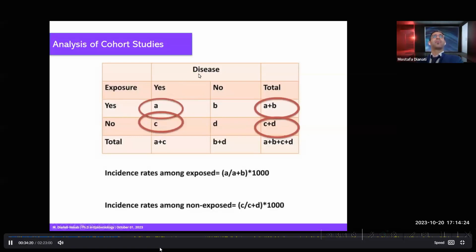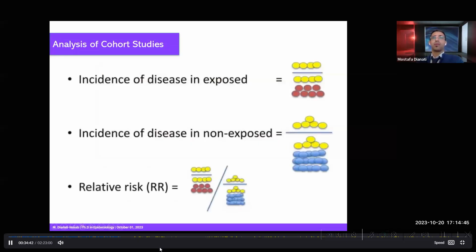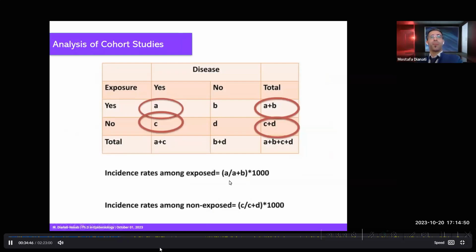Yes, no, yes, no. Those who have the disease and also the exposure, A. No disease, but yes exposure, B. Yes disease, but no exposure, C. No disease, no exposure, D. If you compare it with the previous slide, this is exactly the same. So if you are going to see the incidence rate among exposed, simply A divided by A plus B.